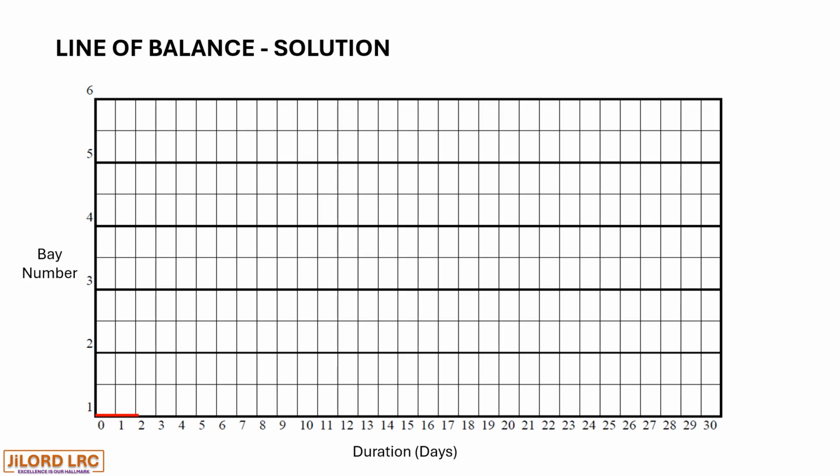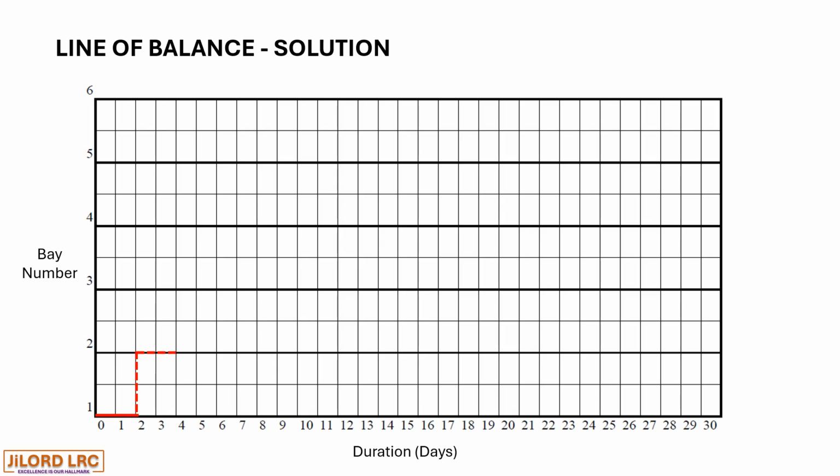So it means the installation of the piles for bay 1 would start and end on the second day in terms of duration. Then from the third day to the fourth day, another bay would be worked on.